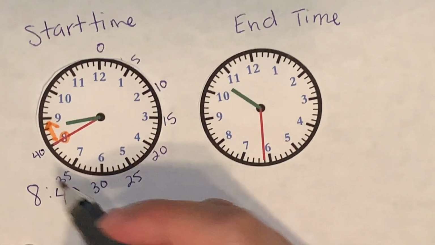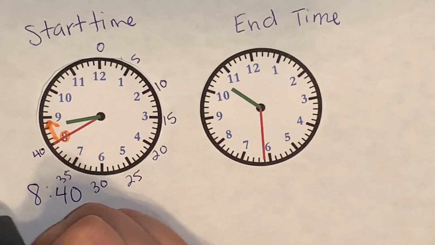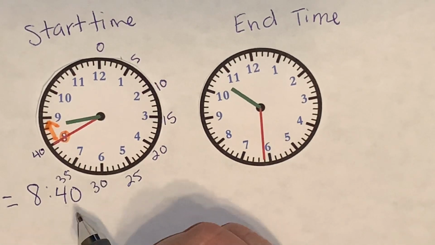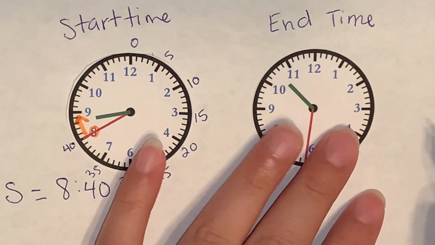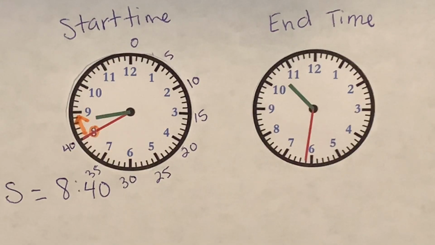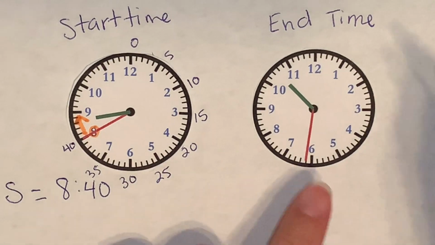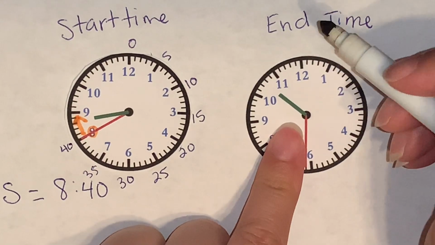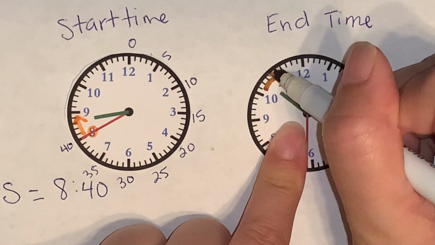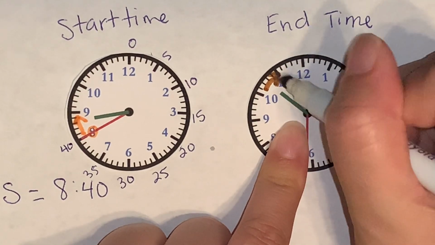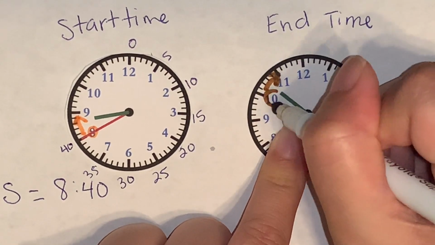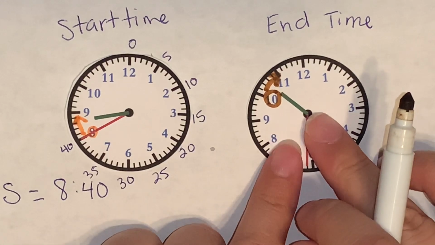So our start time equals 8:40. So now let's look at the end time. Again, we're going to start by looking at the hours. The hour hand is between 10 and 11, which means it has not reached 11 o'clock yet, so it is still 10.